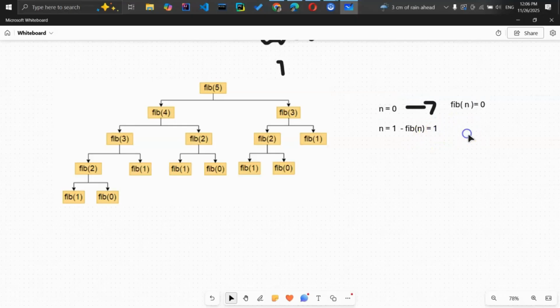And if n is greater than or equal to 2, what about Fibonacci?